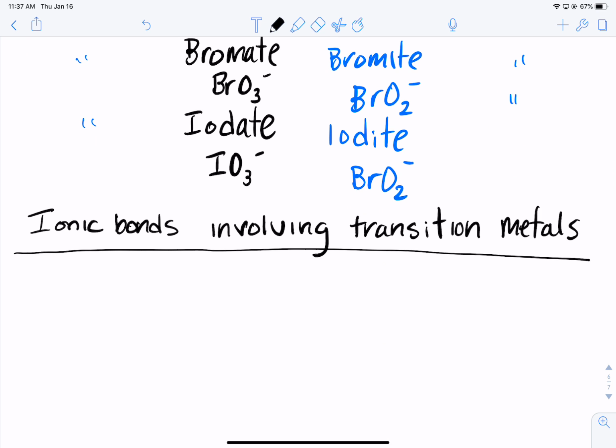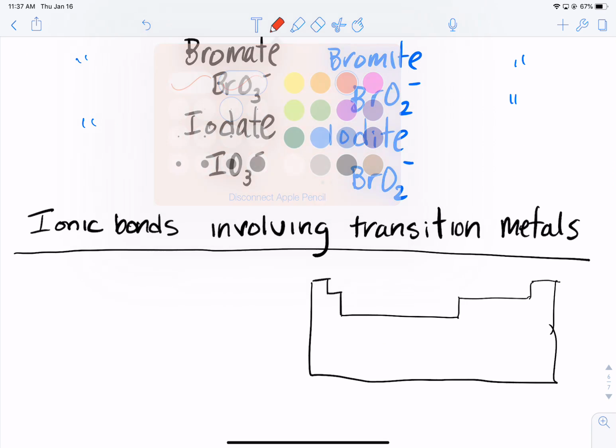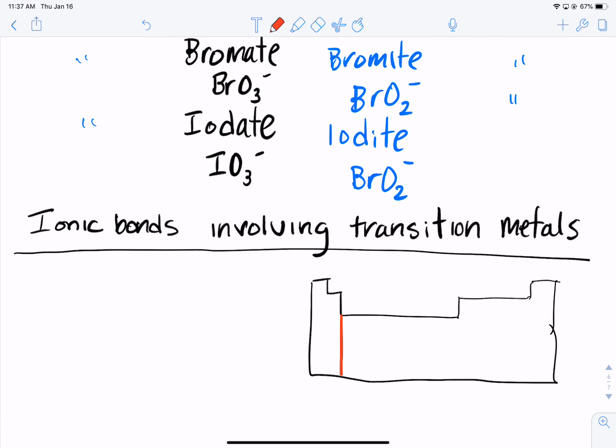Go ahead and sketch yourself just a little rough periodic table. Where are the transition metals located? It's this section in red right here.